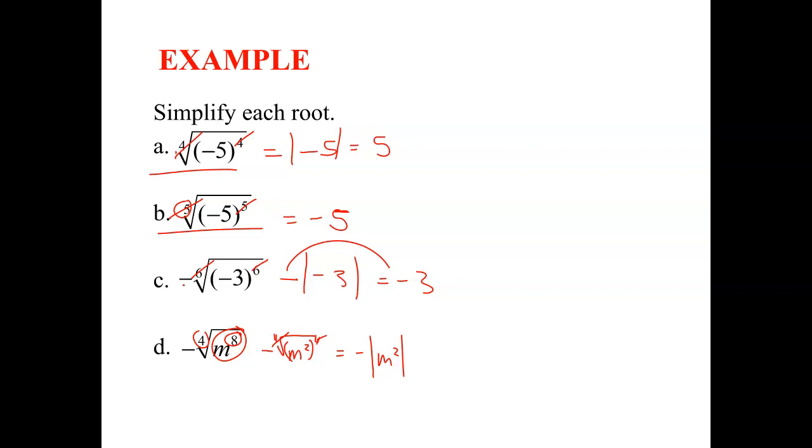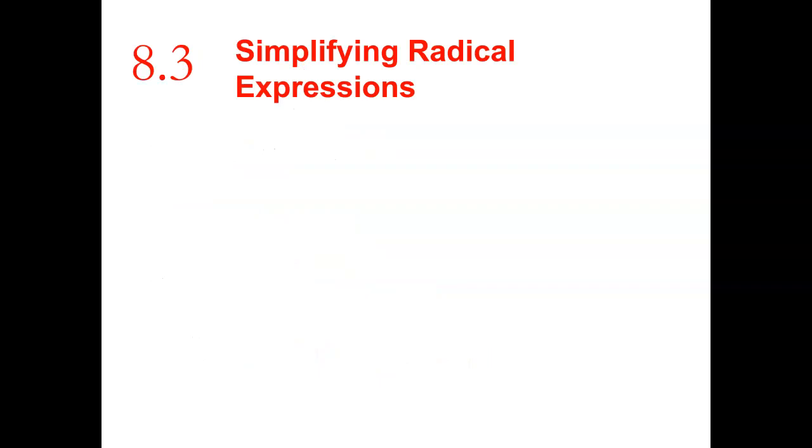So I actually don't need to keep the absolute value because it literally will make no difference. Negative m squared. Whatever I plug in for m is going to become positive. Whether I have the absolute value there or not, it's not going to make a difference, and then it's just going to be negative at the end. So it's seeing, does that absolute value make a difference in the final answer or is it redundant?